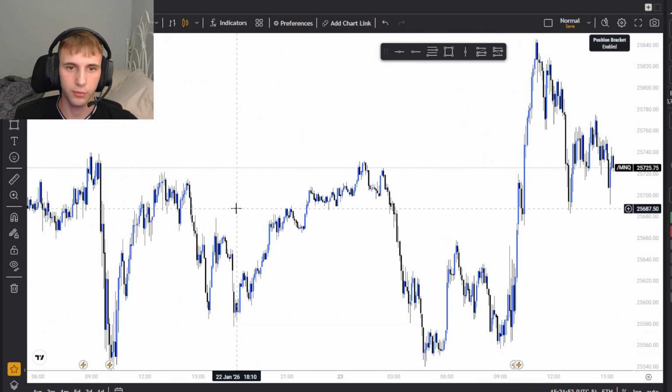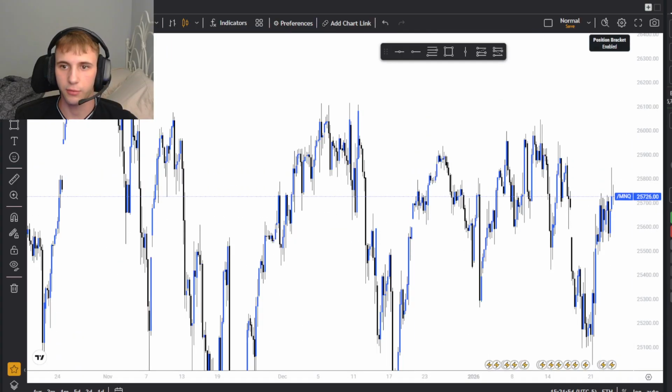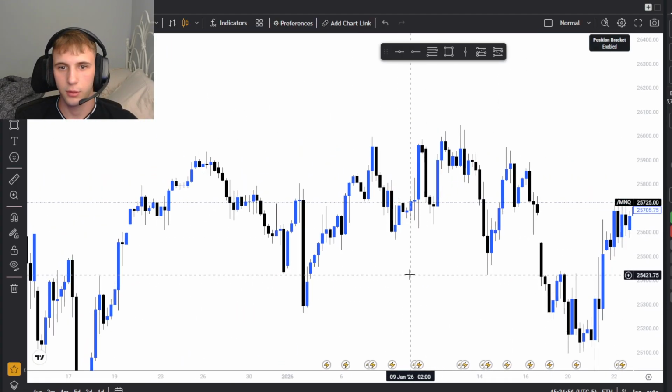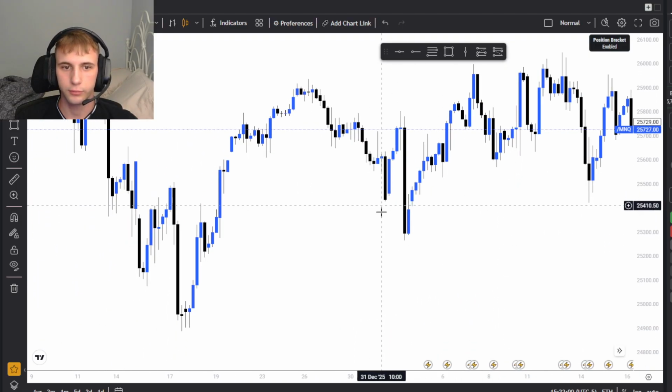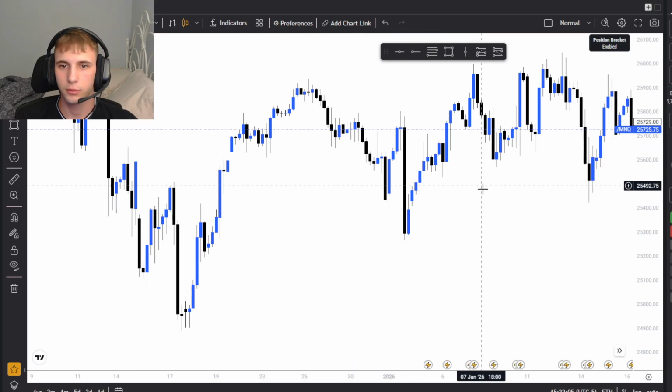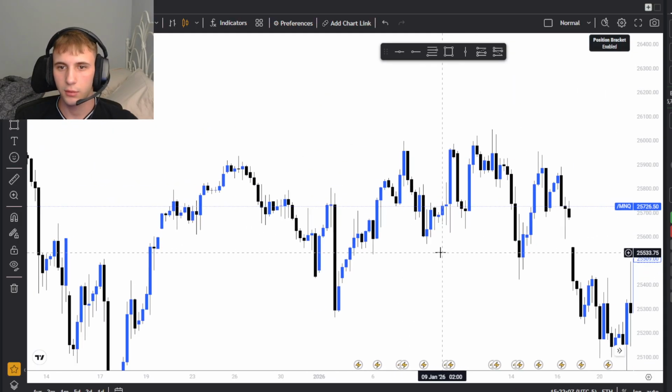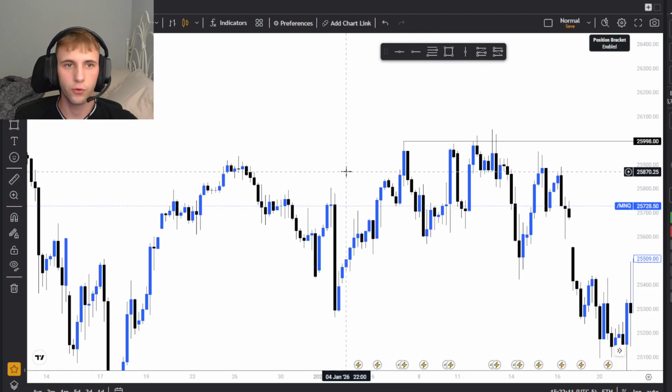Let's find another example. High time frame. High or low? Here. Boom. Good example. That's a little steep. Oh, there you go. 4 hour high. What happens?